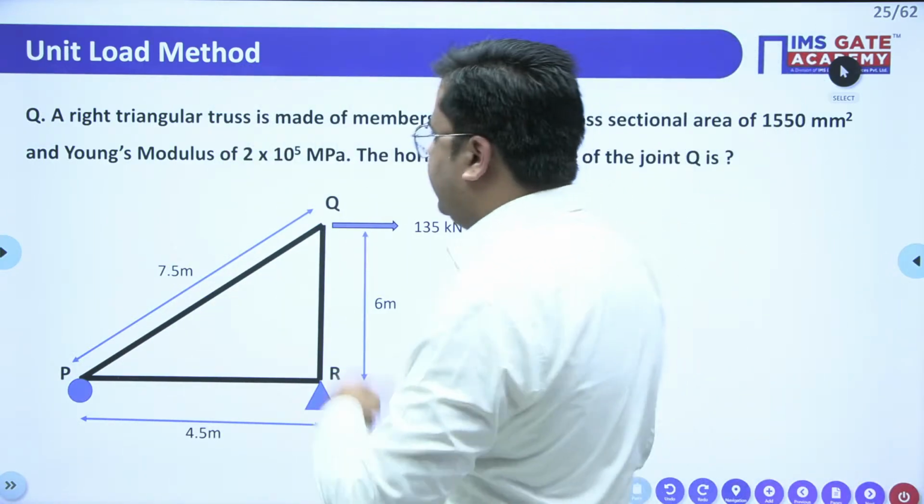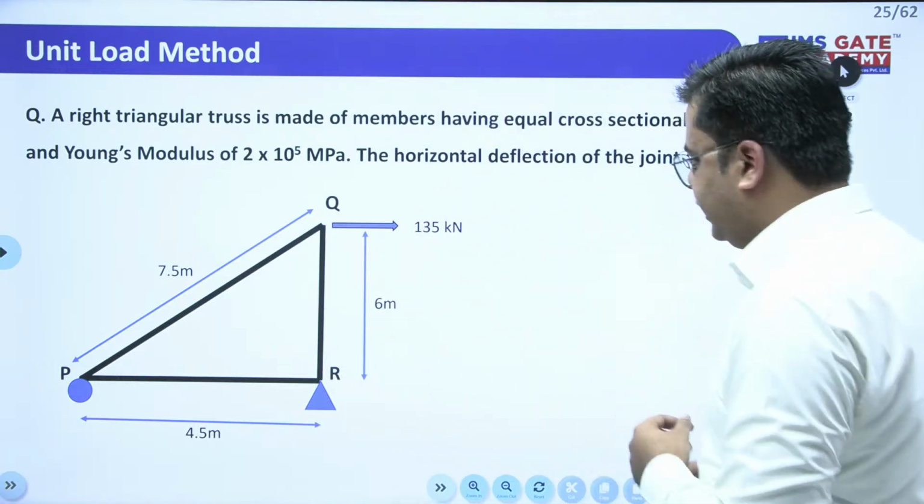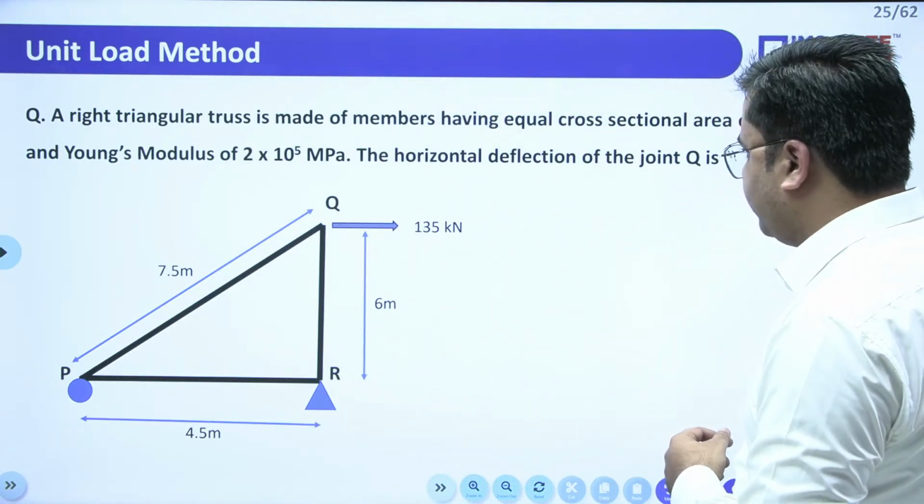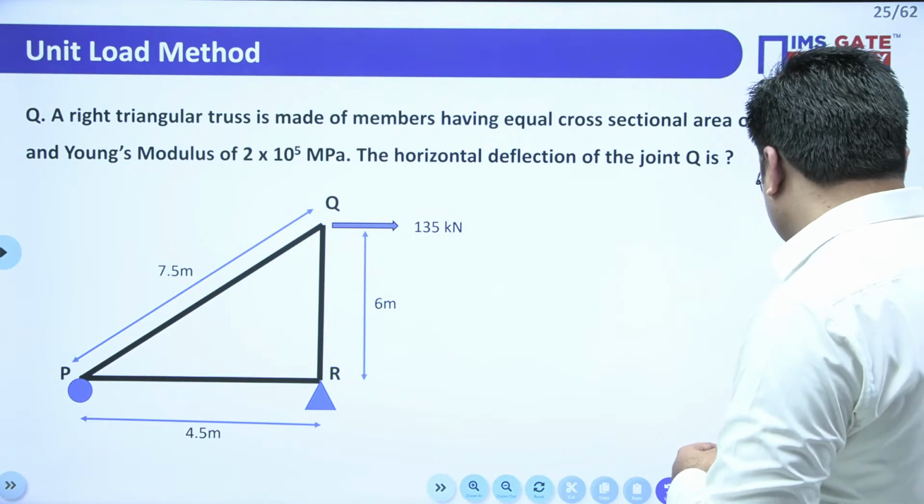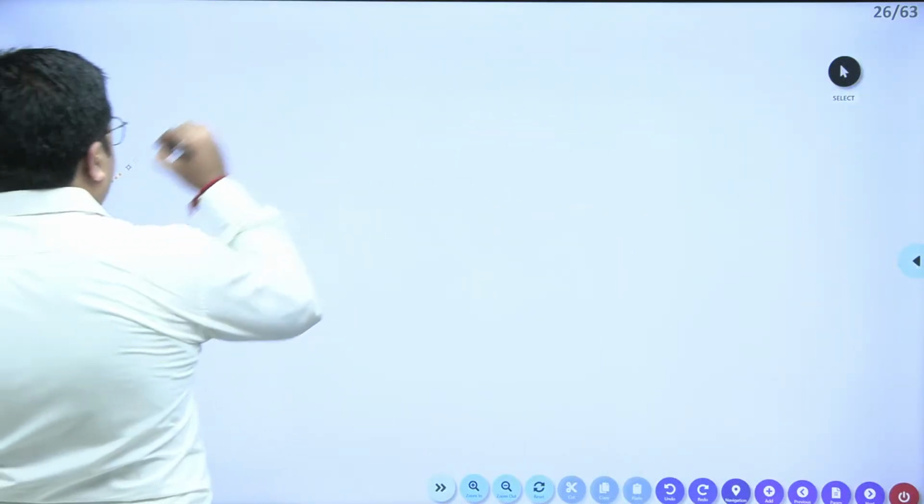Okay, so here we have a question. First, calculate the support reactions at points P and R. So let me draw this diagram manually.